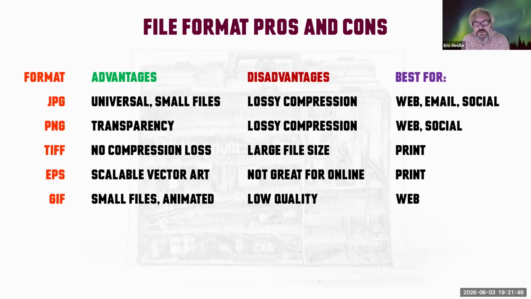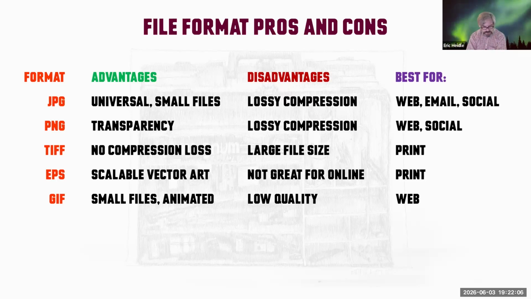So that's what PNGs do really well. They also do compress and lose color and detail information, but they're pretty good as well. So those are great for web and social, and either one of those is perfectly ubiquitous.